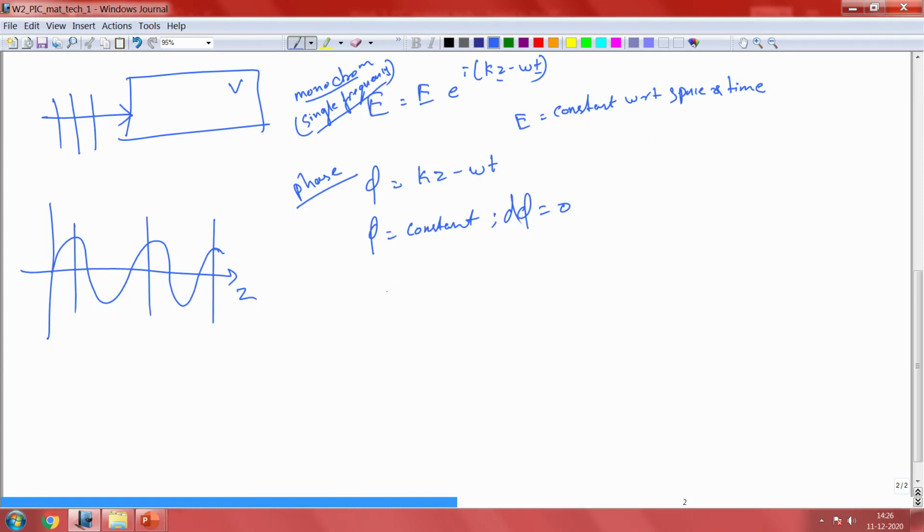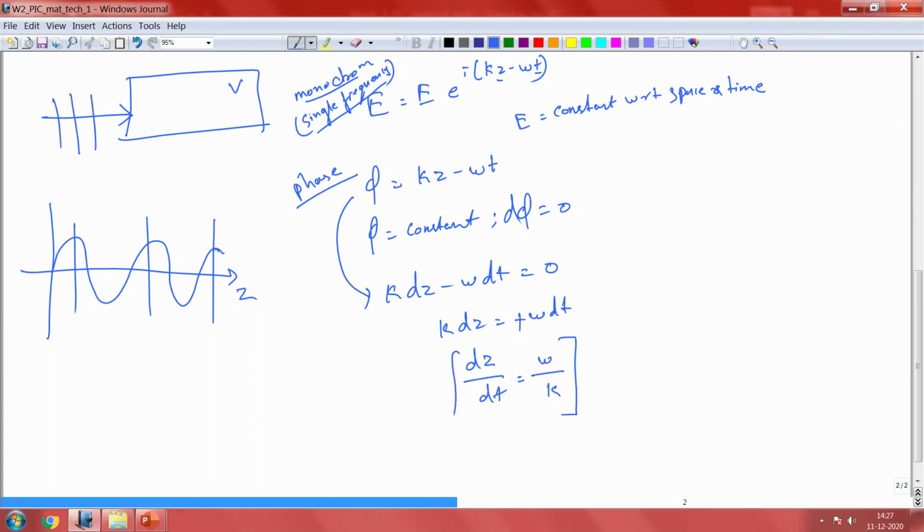So, now you can write k dz minus omega dt equals 0, right. So, you just differentiate this. So, what one could do is easily rearrange this. So, this gives you the velocity, right.